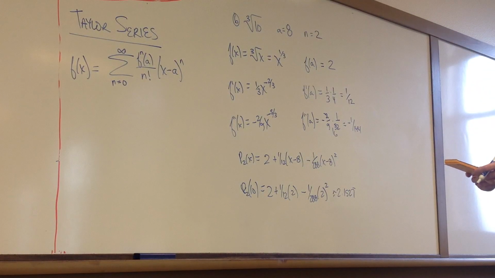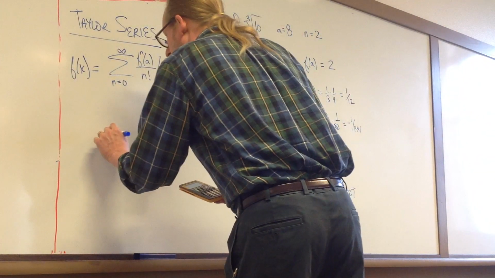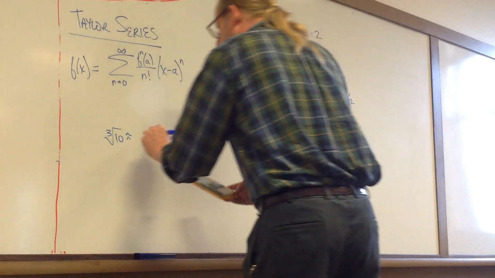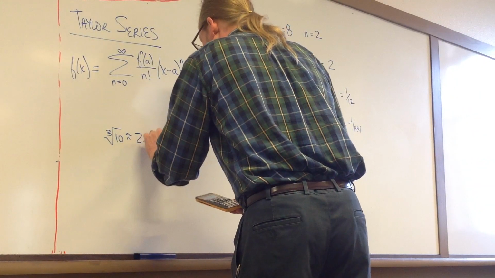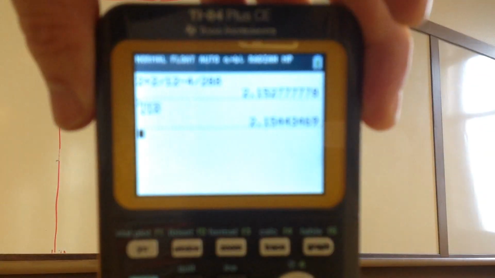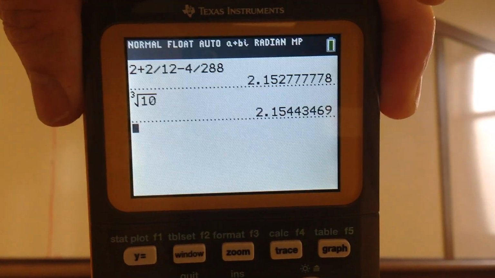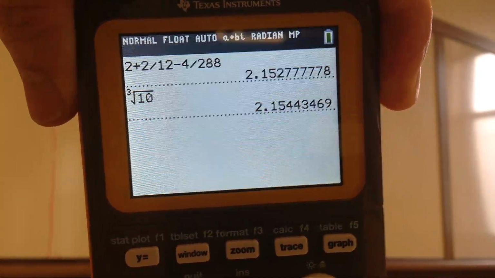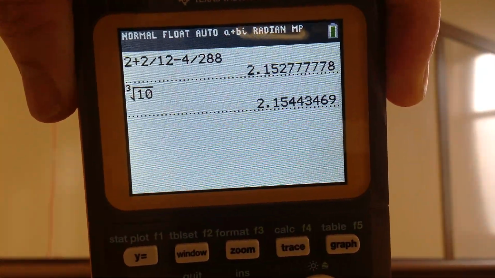And the actual cube root of 10 is approximately 2.1544 dot, dot, dot, let's say. Okay, so there's the approximating polynomial calculation right there, and then the better approximation for the cube root underneath it.